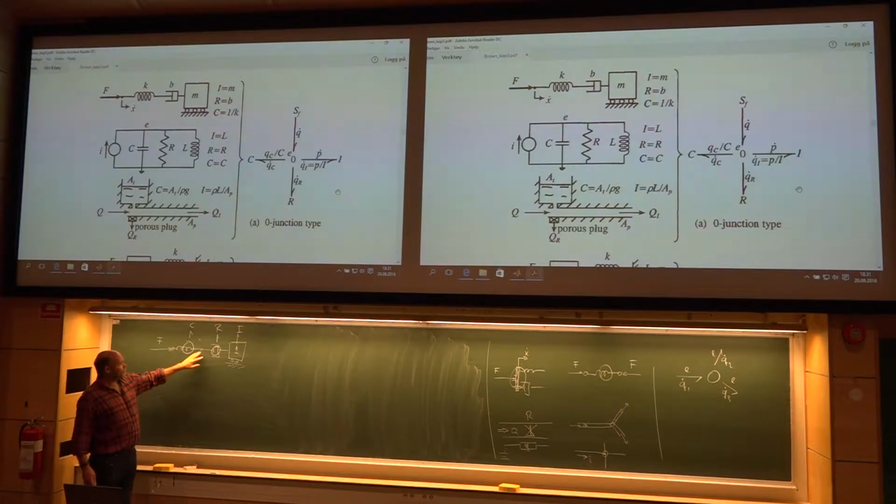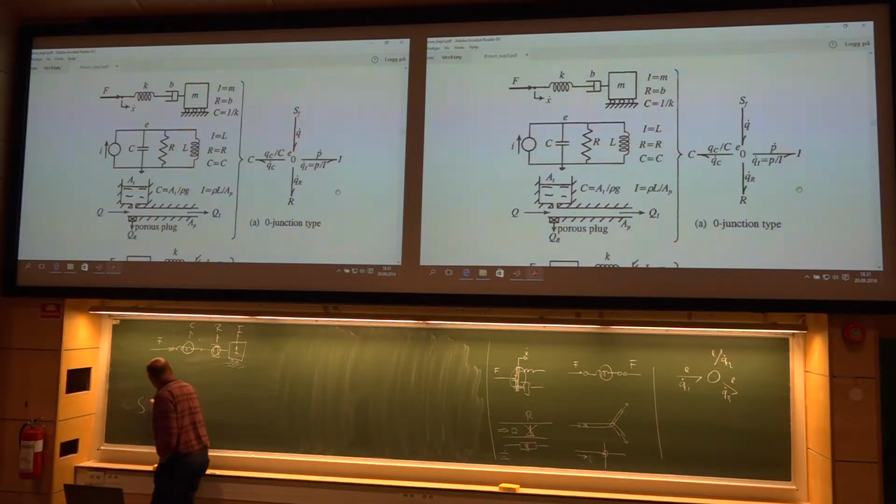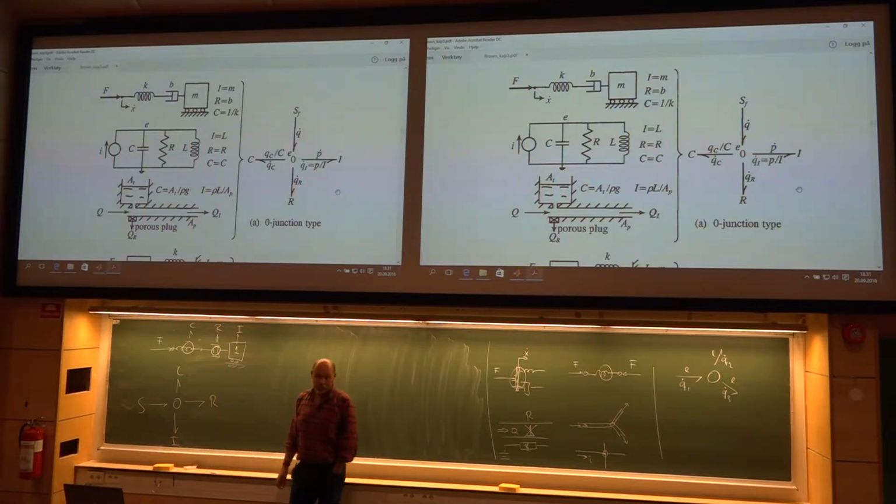So same force here and here. Then these 2 0 junctions can be joined together in one single. So the entire problem should look something like this. 1 0 junction and then C element, R element, and I element, like that.